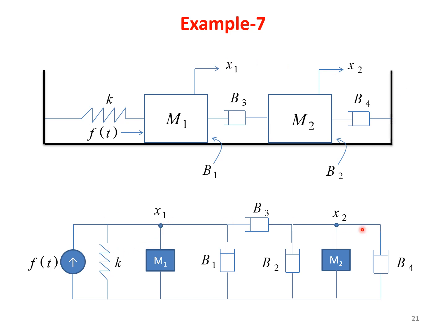So consider two nodes and start connecting the corresponding elements. x1 is experienced by k, f and m1, so I am connecting all three elements here, and between x1 and x2 I have b3. x2 is connected to b4 and m2, and b2 is experienced by m2, so I have b2 here, and b1 is experienced by x1, so it is connected here.